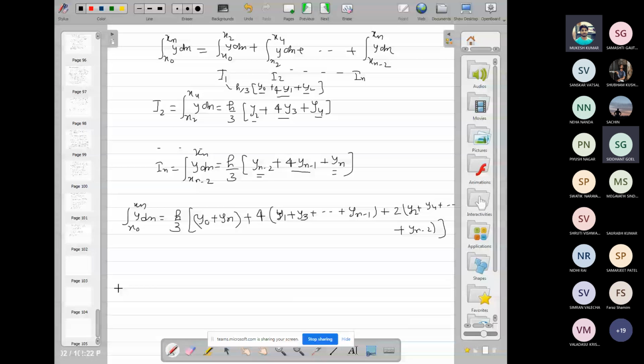Similarly, for n equal to 3 we get Simpson's 3/8 rule, or 3/8 formula for numerical integration, from the general quadrature formula.